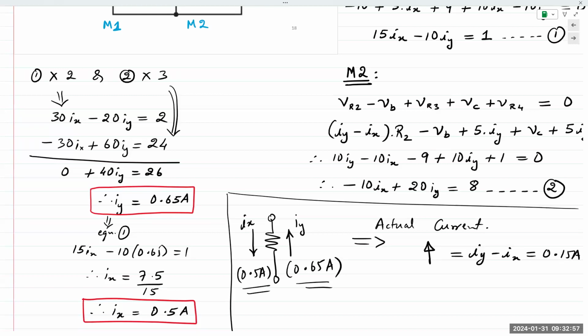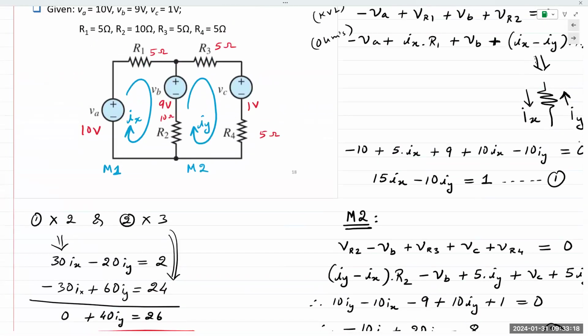Then whichever current has the higher value is the direction for the actual current through that resistor. In this case, it's Iy. Iy is higher than Ix. 0.65 minus 0.5 gives you 0.15. That's the current flowing through R2.